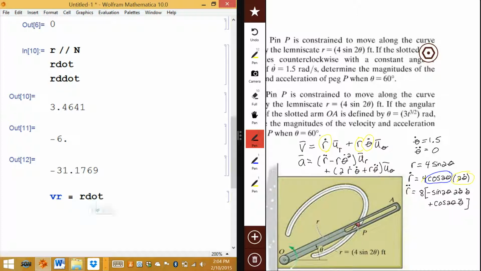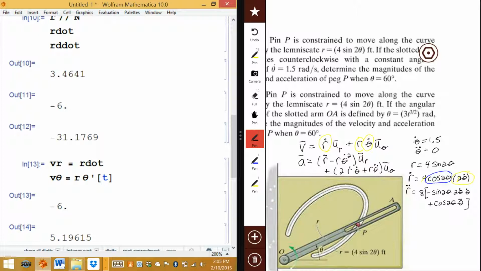The velocity in the theta direction is equal to r times theta dot. Excuse me, theta tick. That's the way I defined it before. So those are my two velocity components.